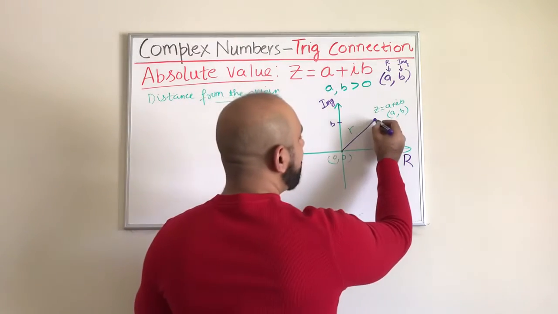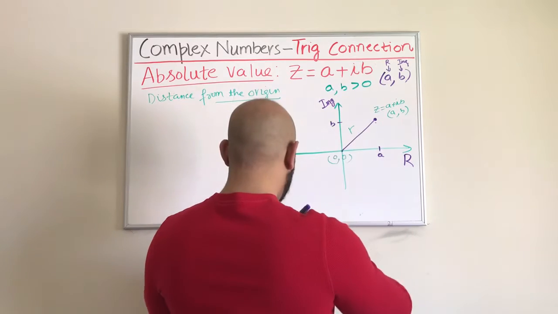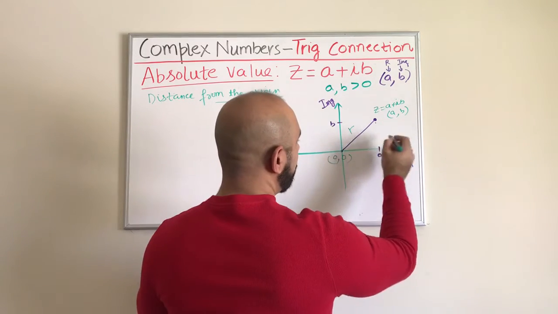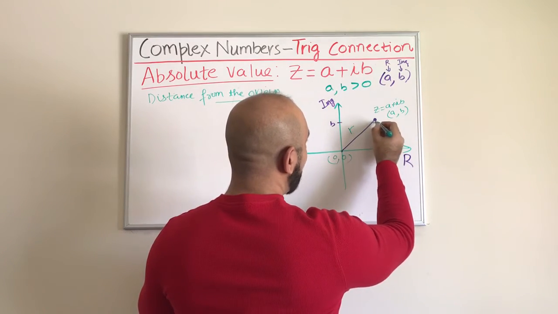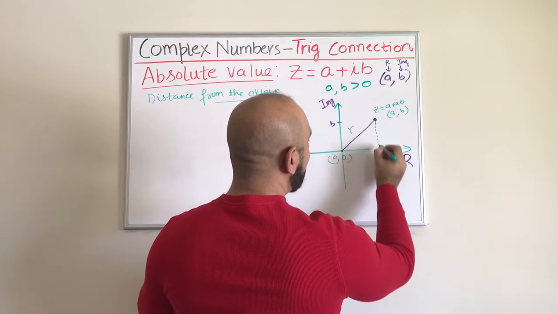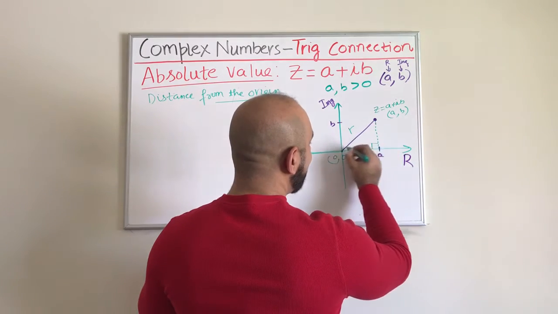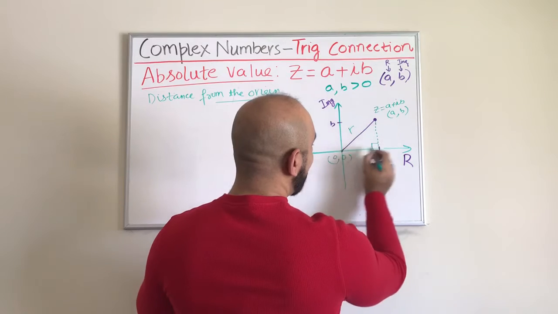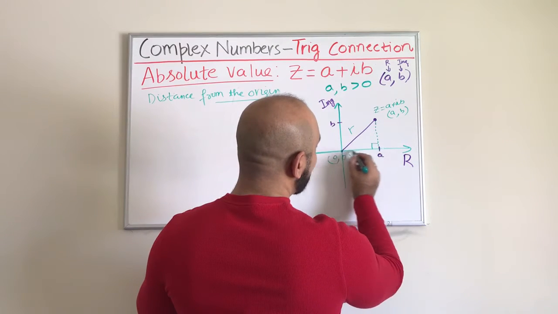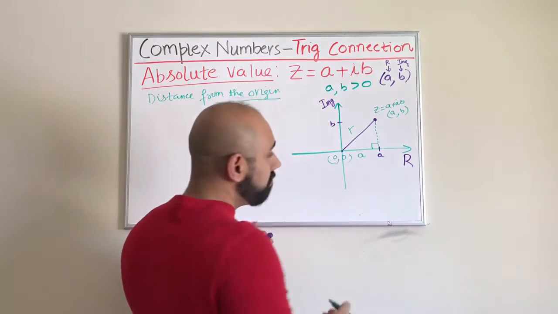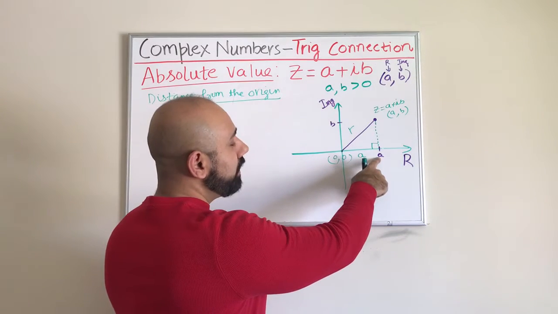If I drop a perpendicular from here up to this horizontal real axis, then we can clearly see that this is a right triangle. In this right triangle we already know that this length is a units, because that is what the real coordinate is.